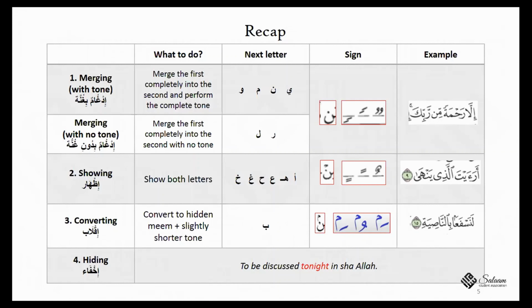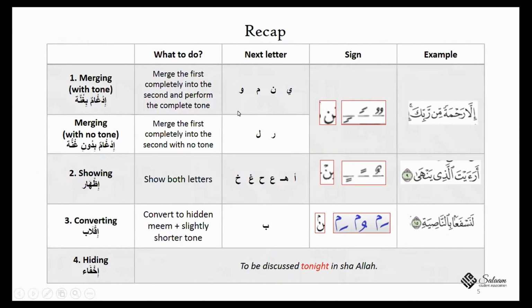So it will be لنسفعا بالناصية, and we said that this tone is a little shorter than the tone with noon with shadda and mim with shadda. This is just a quick recap of what we said in the stable noon and tanween, if you guys don't remember.